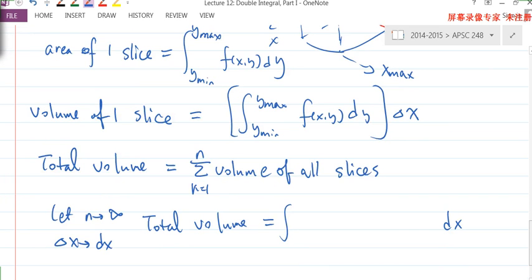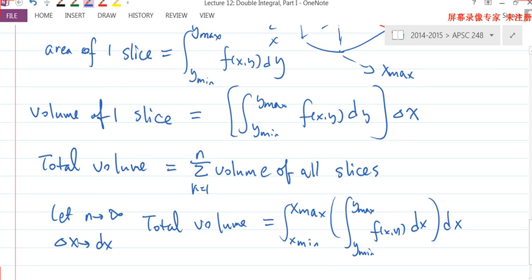So your integral here is x min to x max. In the middle, it's again that portion over here: y min, y max, and f of x, y, and dx. Okay? There we go. So that's the total volume for the double integral here.